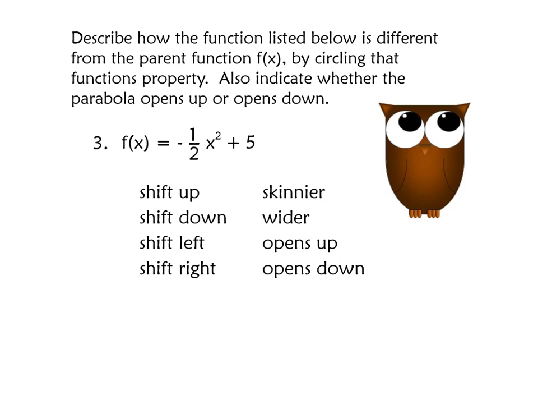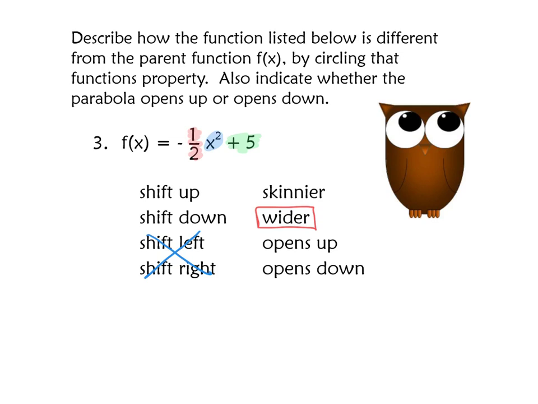For example 3, my A value is 1/2, which means that it gets wider. I don't have any parentheses here, which means there is no H value, so this does not move left or right at all.